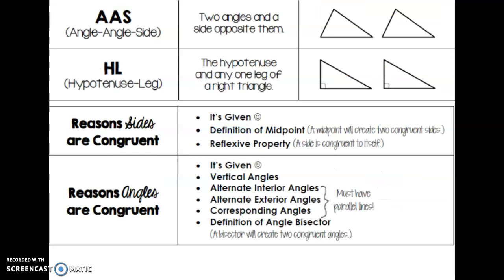Moving on, we have angle, angle, side. That is 2 angles and a side opposite them. So in this case, the side can't be in between. So nothing in between the angles.